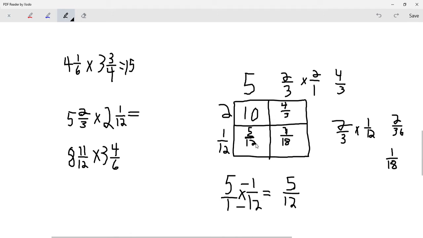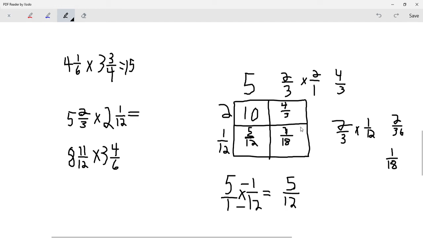And this is why this method, although the multiplication ends up being lower, you have to find common denominators, which you wouldn't have to find if you're doing it like we did on this one, where you convert to mixed numbers. So the common denominator for 12, 18, and 3 would be 36.